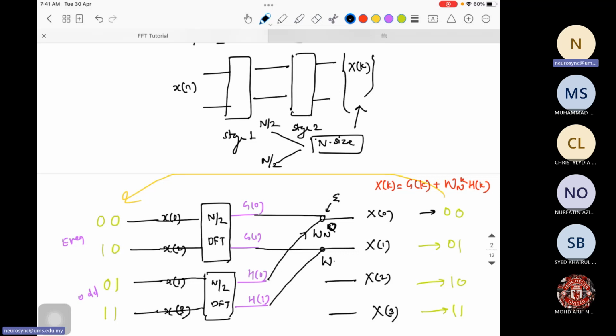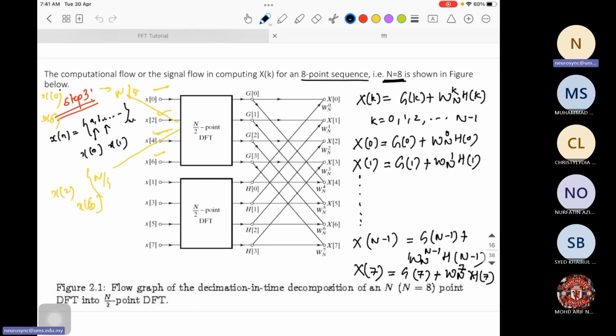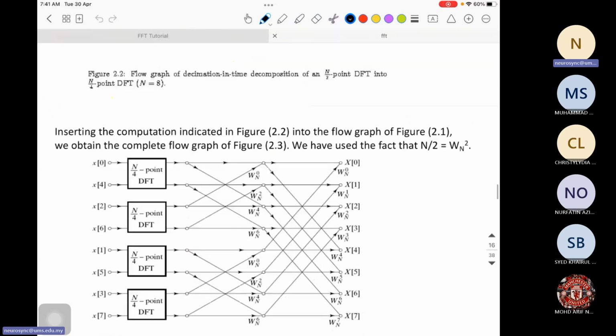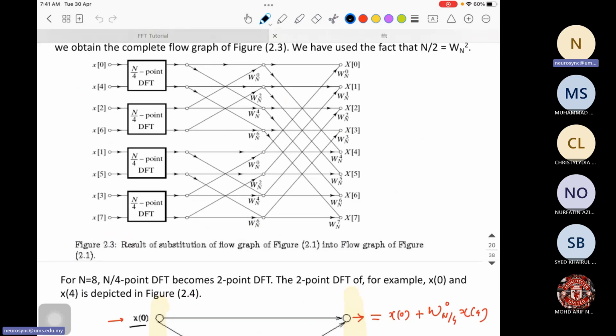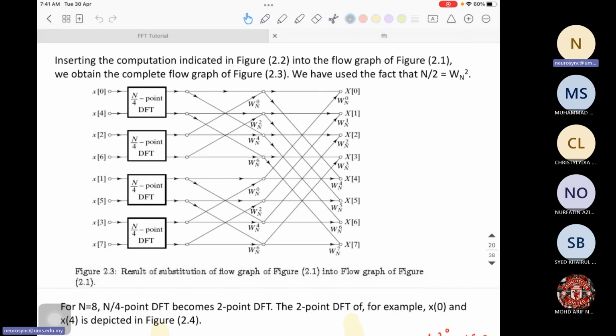Here I can write W_N^1. Now we have seen the butterfly structure here. You can see everywhere the butterfly structure is followed, like this structure.